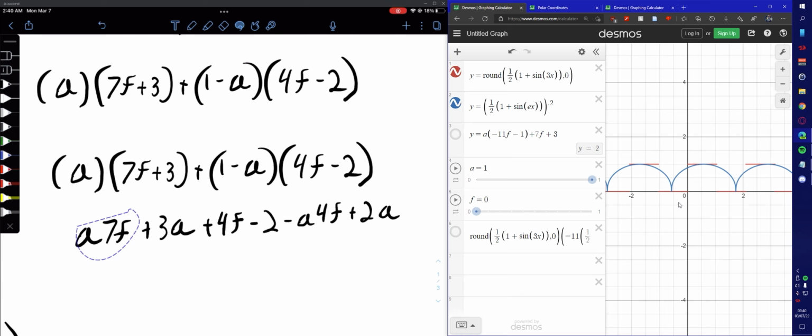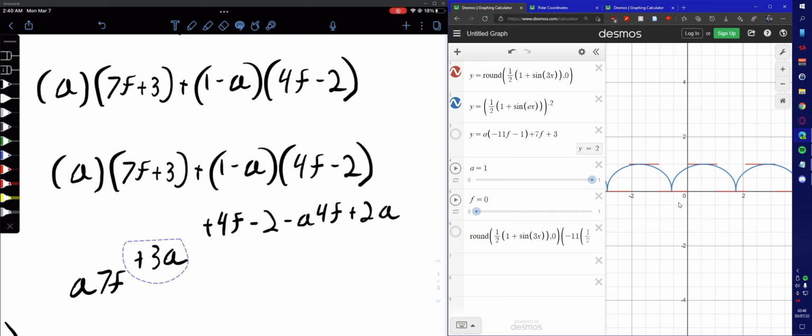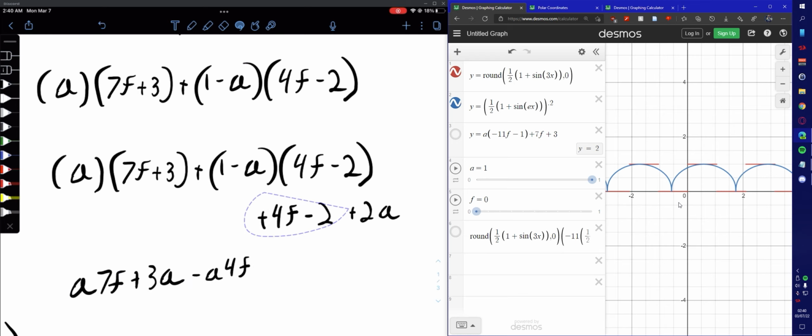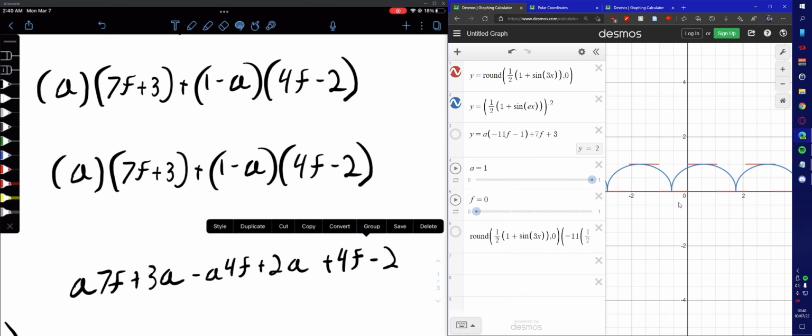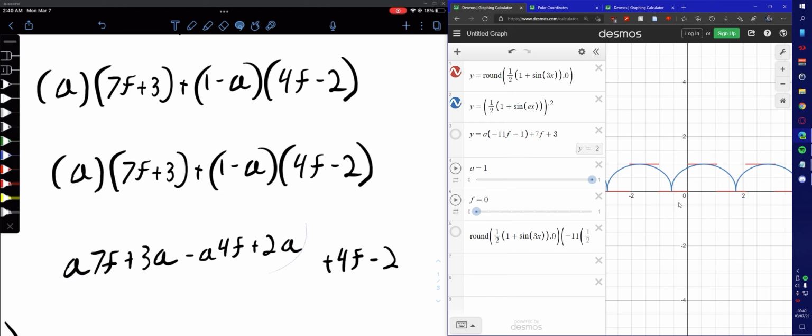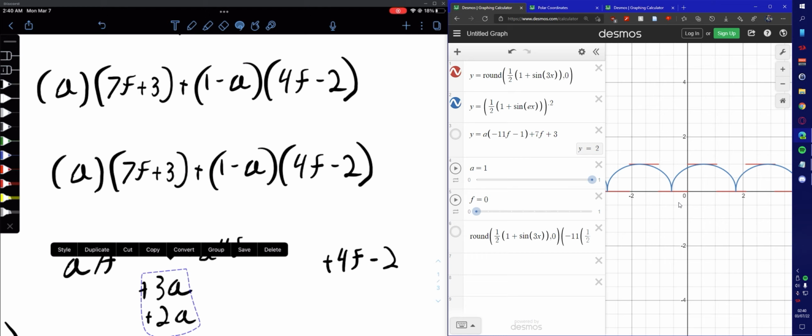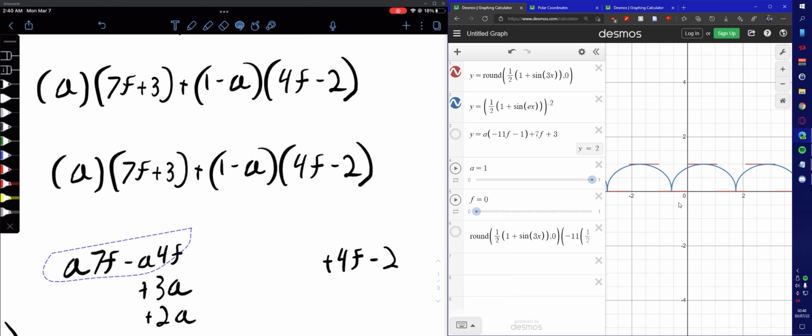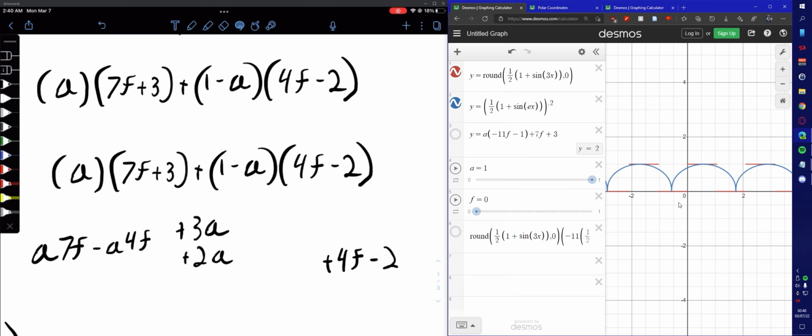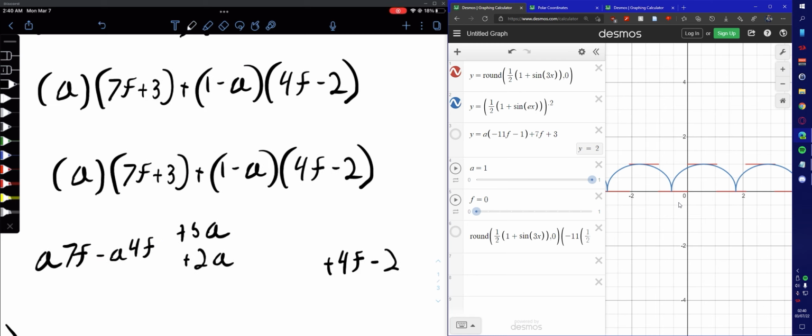Let's combine like terms and collect all of our terms with a. Like term and like term. All right, this is just 5.